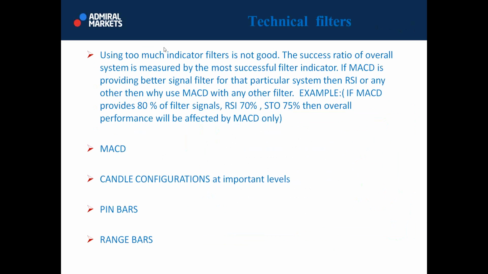You won't get better signals than MACD because MACD provides 80%. That is just for information. Some systems are better with RSI, some with MACD strategies. I call systems strategies because we don't have a universal system that we can trade in all time frames or in all market conditions.